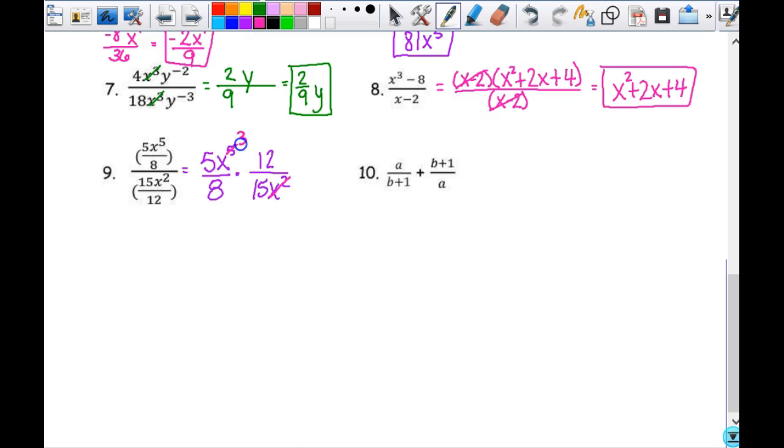It's going to make that x to the 3rd. The 5 and the 15, it's become 1, 3, 8 and 12. So 4 goes into 8 twice, goes into 12 3 times, and then these two 3's cancel out. So this whole thing over here is kind of just gone, and what I am left with then is x cubed over 2.